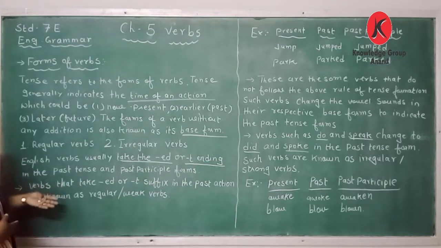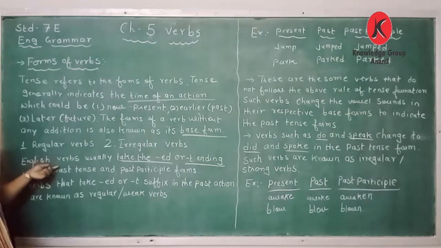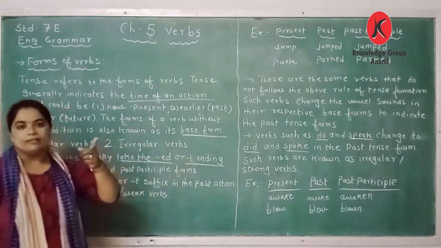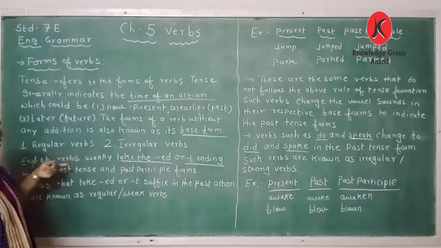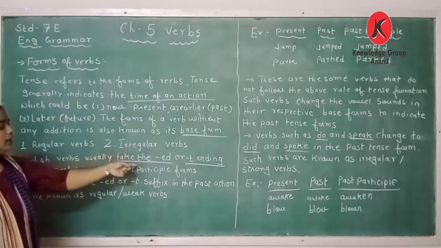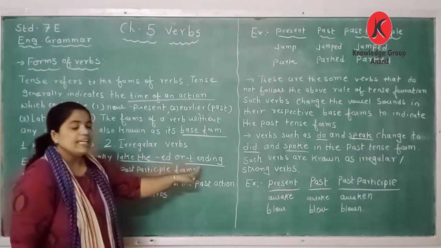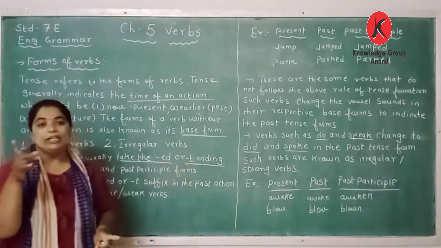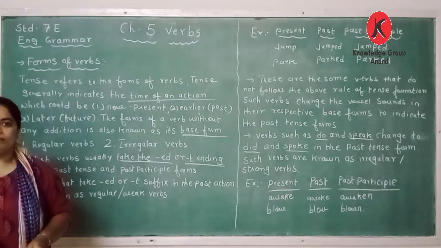Regular and irregular verbs. English verbs usually take an ed or t ending: ed in the past tense and t in the past participle form.